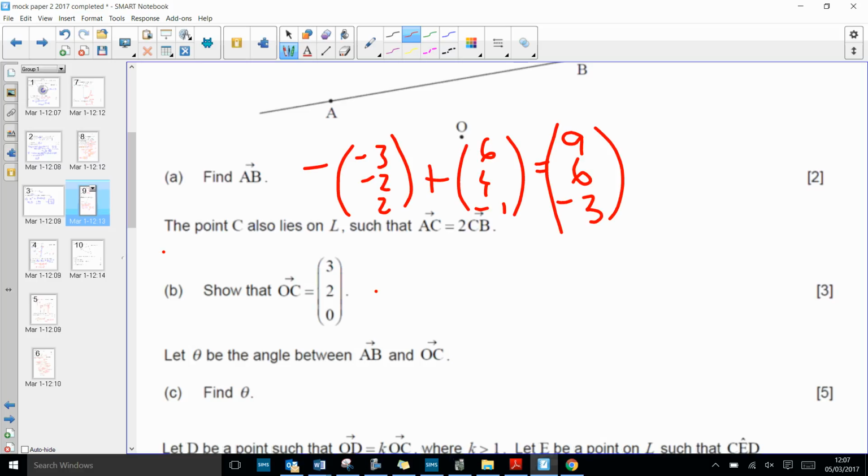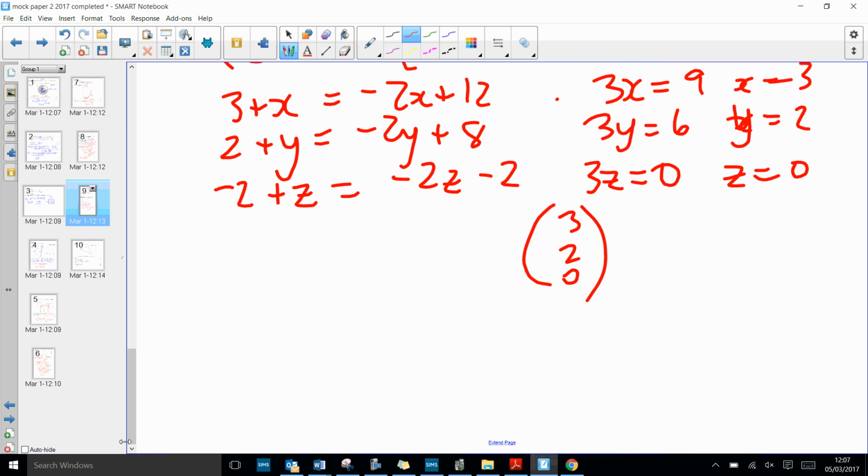Alright, so let theta be the angle between AB and OC. Find theta. So we've got AB, which is 9, 6, negative 3, and OC, which is 3, 2, 0.